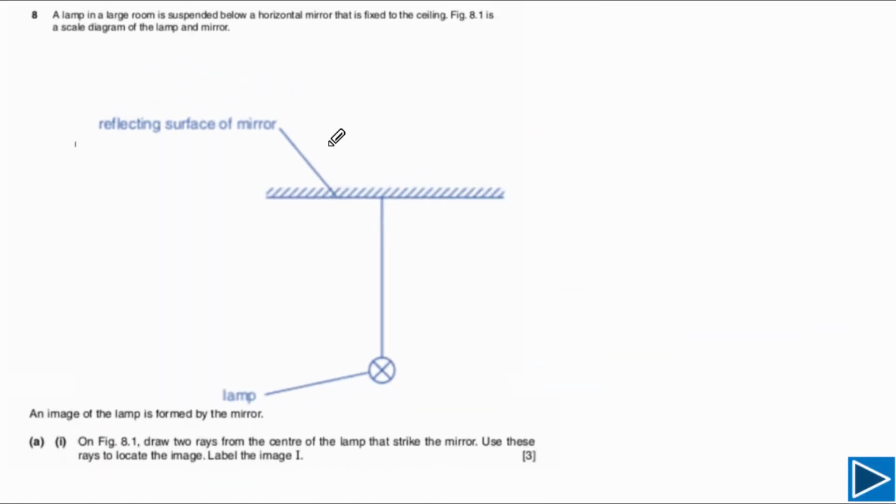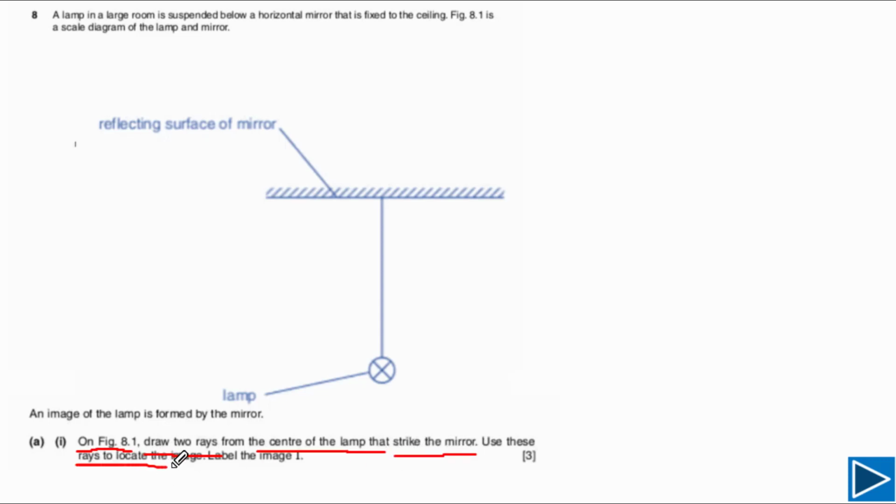This question is also about reflection. For this question, we have a lamp and a plane mirror placed at this location. The question is asking us, on figure 8.1, to draw two rays from the center of the lamp that strike the mirror.